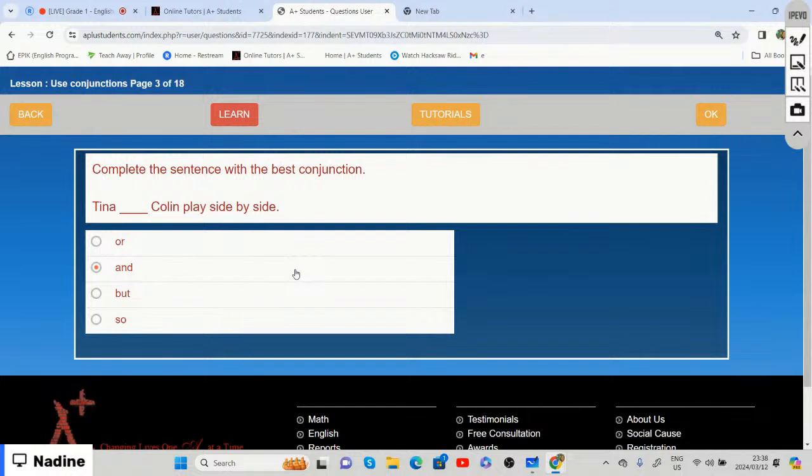It says Tina and Colin play side by side. And we can say it is Tina and Colin, they play side by side.